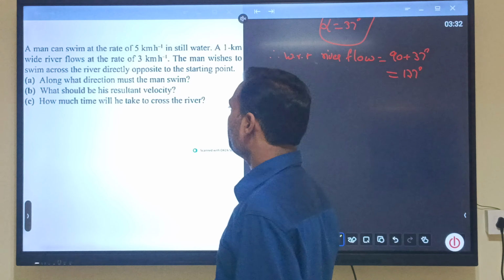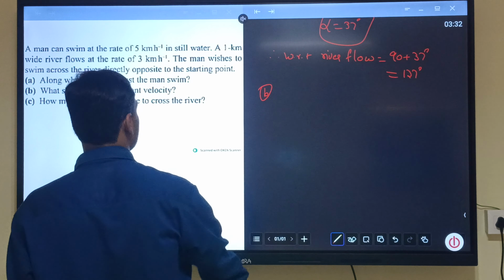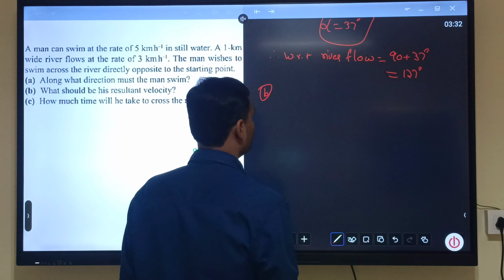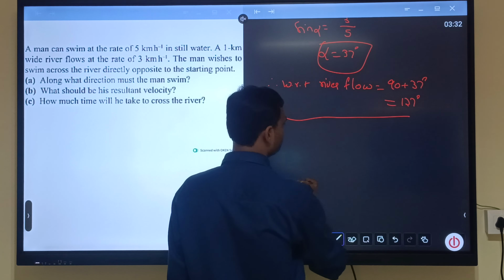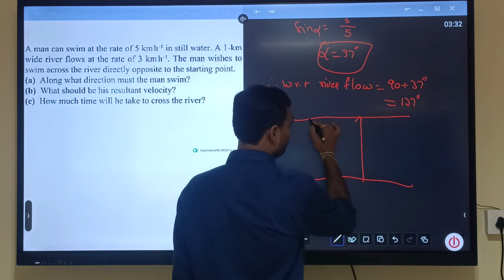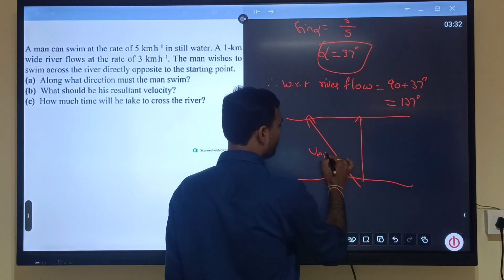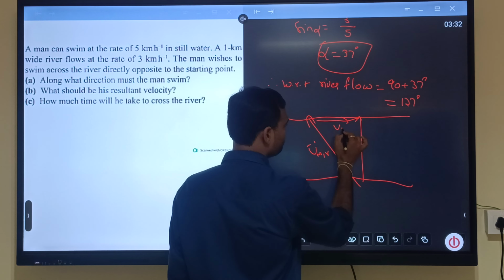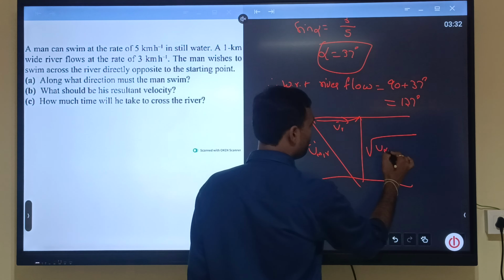Let us come to the second bit. What should be his resultant velocity? That means he is reaching exactly the opposite side. As we have seen, this is vmr and this is vr. So this will be the square root of vmr square minus vr square, and this is the resultant velocity.